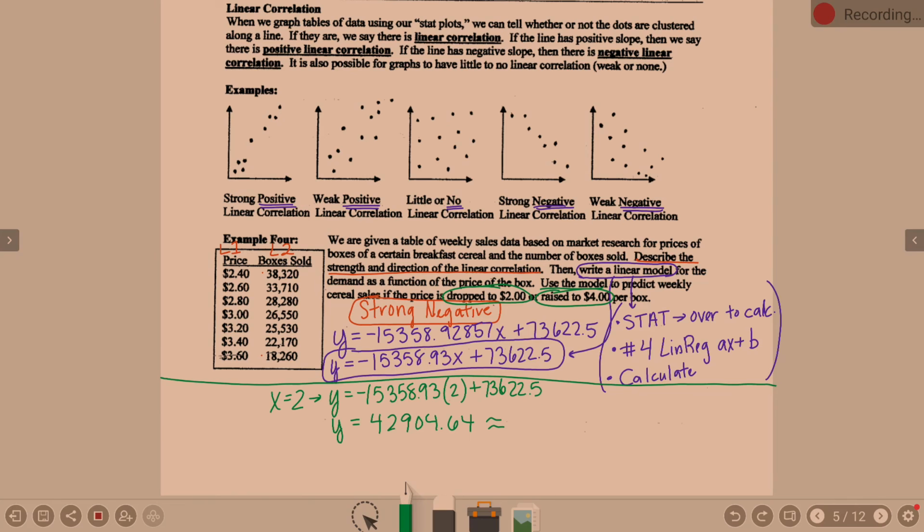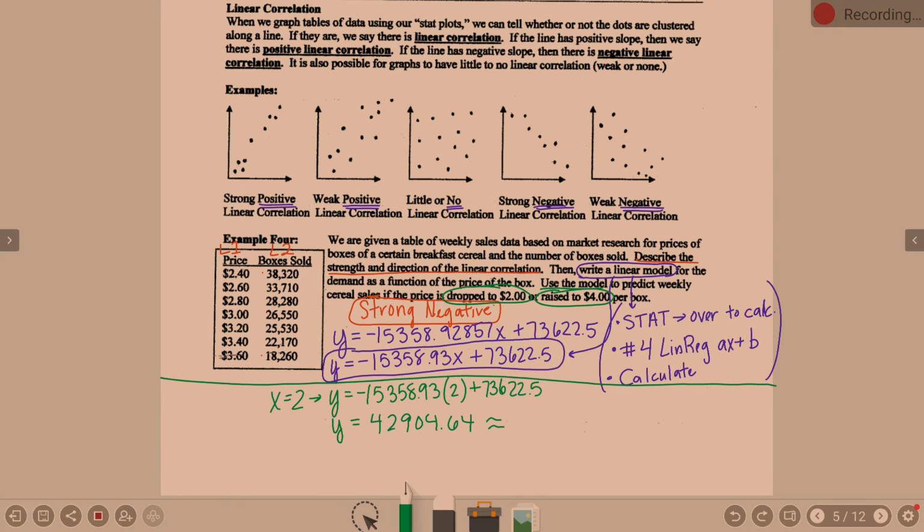So I type in y equals negative 0.93x plus 73,622.5, and then I hit graph. I'm not going to do a zoom 6 or change anything. Notice my line goes nicely through my points, doesn't it?